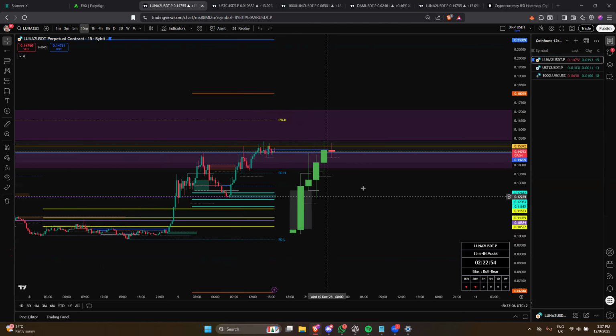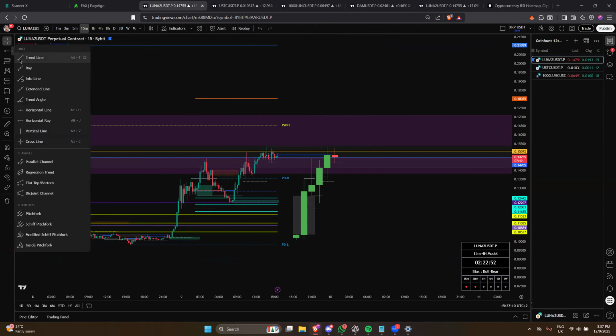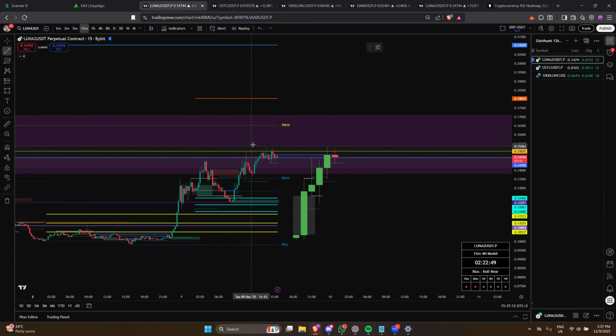Even though there is no CISD from the actual software at the moment, if I had to just take the 15 minutes, I could mark this as my CISD level, even though there was no sweep, as long as there's a failure to displace. The software itself only creates a CISD once there has been a sweep on the higher time frame that you're looking at.